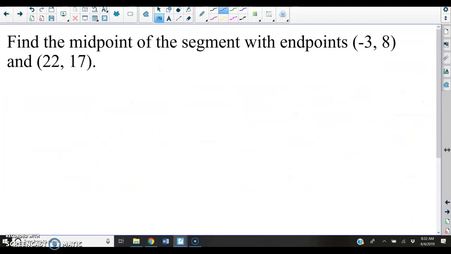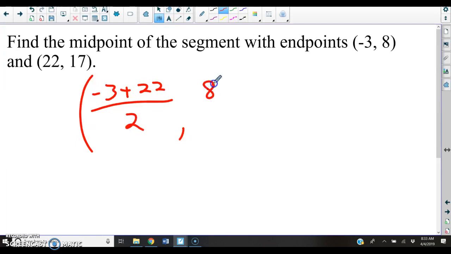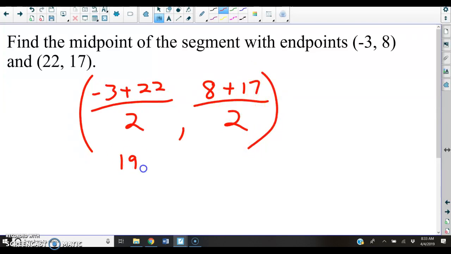Right, here's a practice problem for us. To find the midpoint, again, it's going to be a point. Average the x's, average the y's. It helps so much if you actually have a visual.